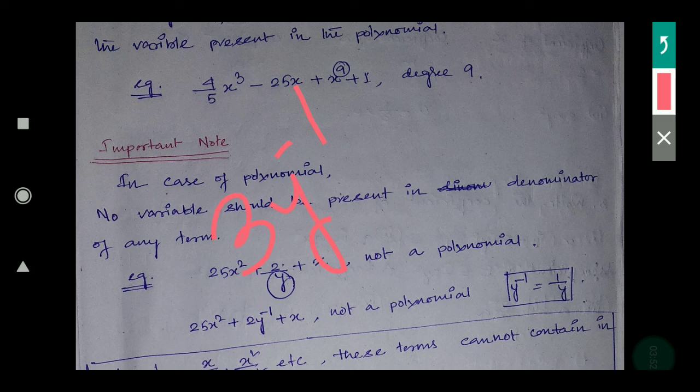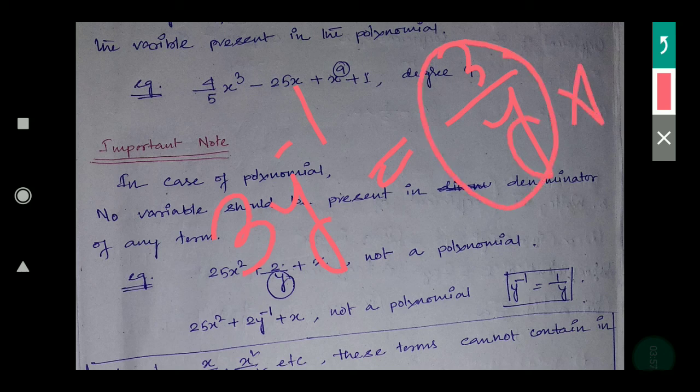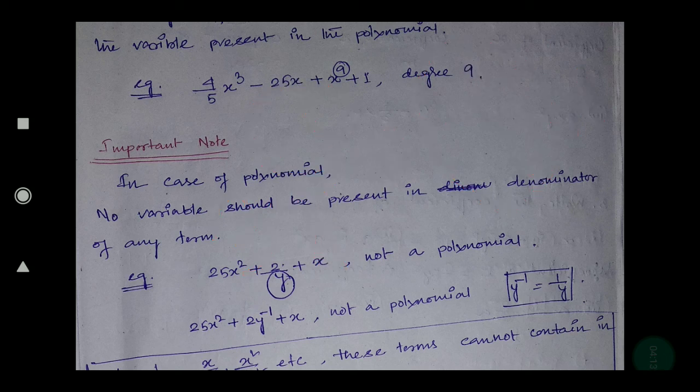That means ultimately y is in the denominator, so this is also not considered a polynomial. That means the power should not be negative, and the variable should not be present in the denominator. If it is present, then it will not be considered a polynomial. This is the restriction.